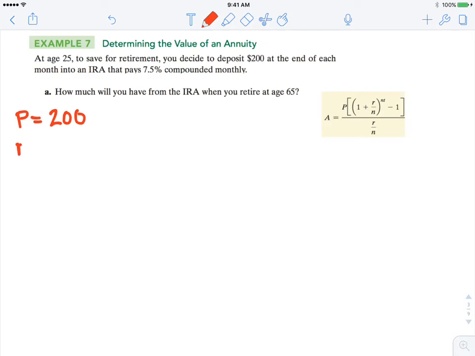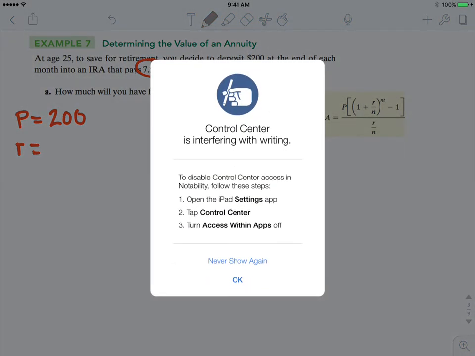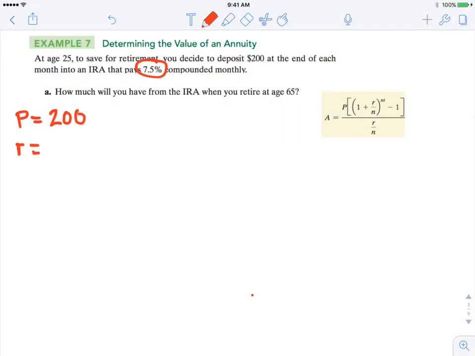The R value is your interest rate, so that's your 7.5%. As a decimal, it is 0.075. The number of compounds is how often it compounds, so it is compounding monthly.